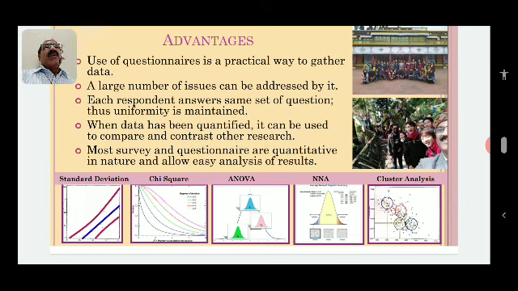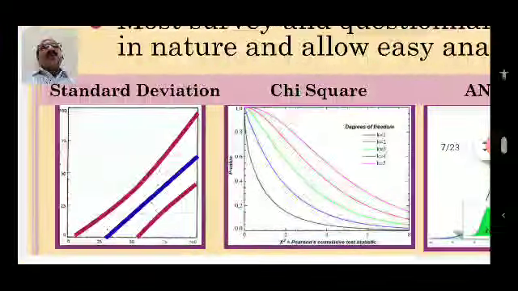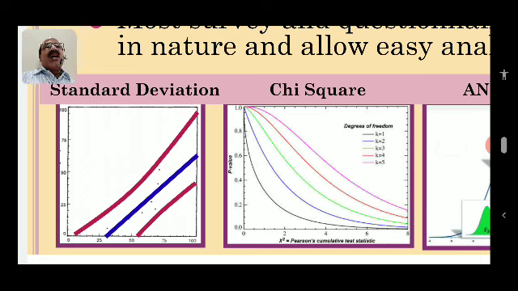Most surveys and questionnaires are quantitative in nature and allow easy analysis of the results. So once we go there, we try to generate data which we can test. All of you know what we have used so far. Standard deviation: what are the variations within the data.